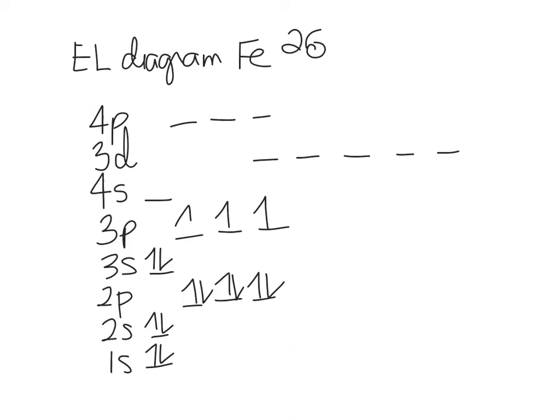You're first putting one on each orbital in the sublevel before pairing them. Yes. 15, 16, 17, 18, 19, 20, 21, 22, 23, 24, 25, 26.